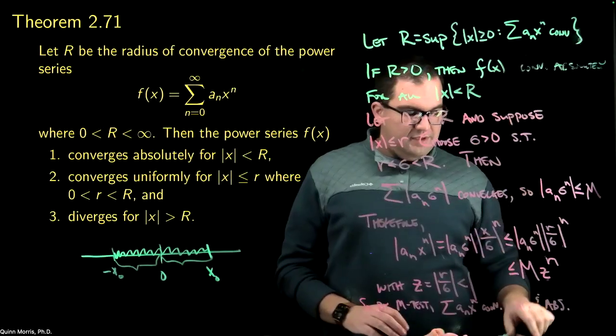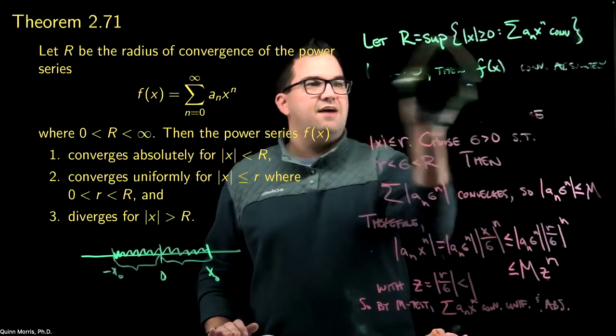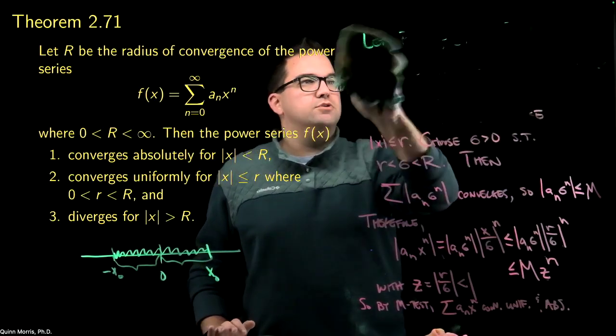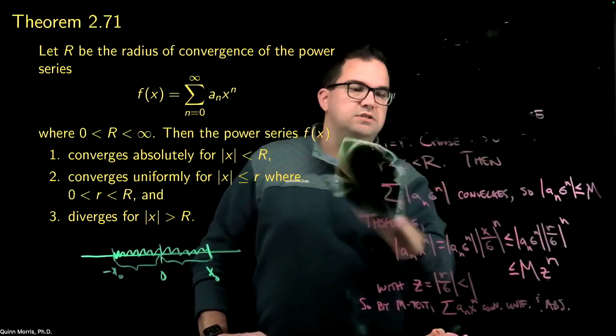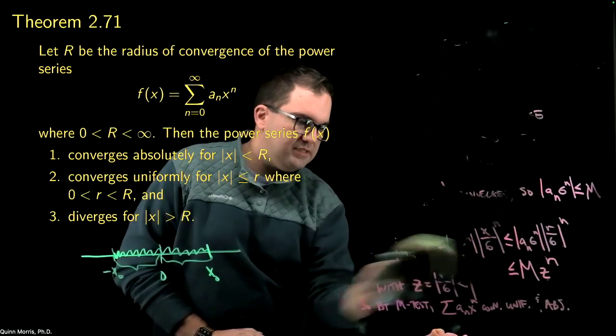So what we have seen in this theorem really, again, is a definition of the domain of this power series. But it also tells us a little bit more about how this power series can behave.